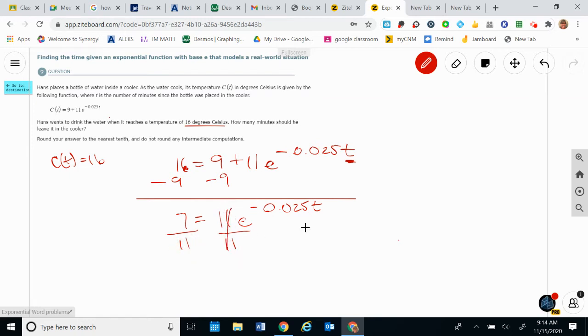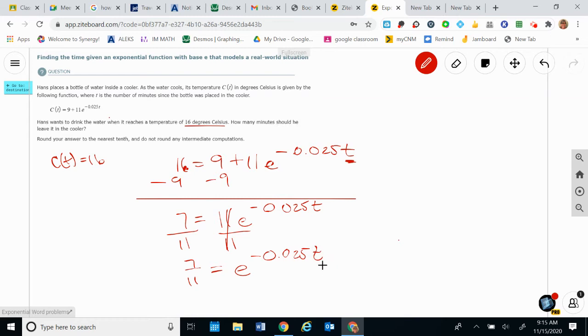It cancels. So now we've got 7 elevenths equals e to the negative 0.025t, and notice I'm not going to decimals yet. You get a more accurate answer without calculating the intermediate. Actually, it says do not round any intermediate computations. Just leave it like this.